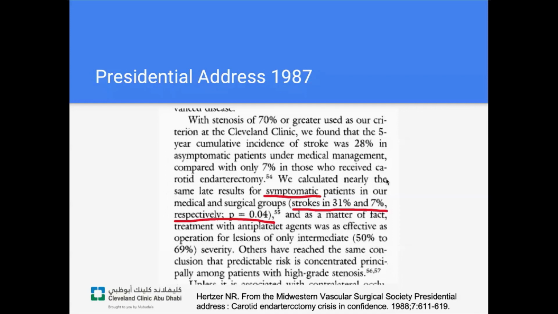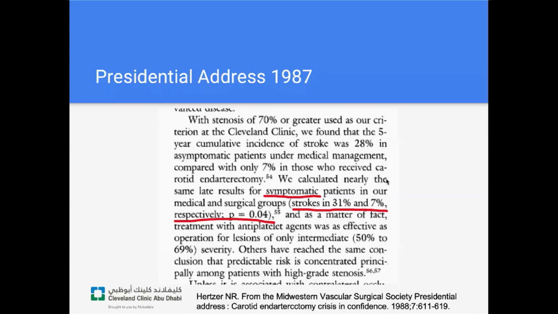That was statistically significantly different, and it was quite prescient because this matched up well with the subsequently published NASCET study a couple of years later.